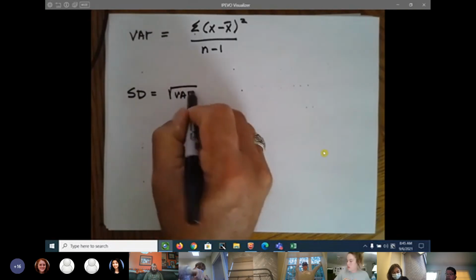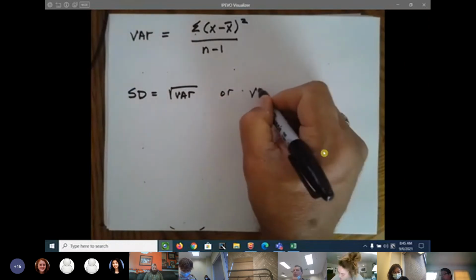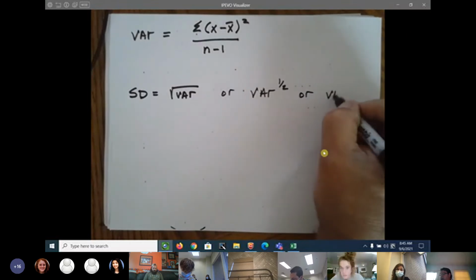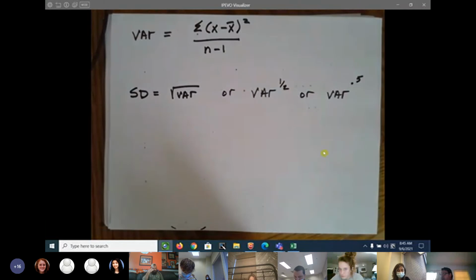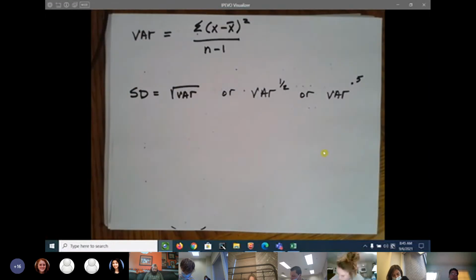Square root. That's it. Or the variance raised to the 1/2 power, or the variance to the 0.5 power. So there are your 2 formulas for the variance and the standard deviation.